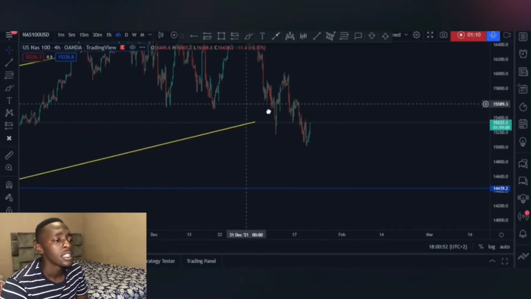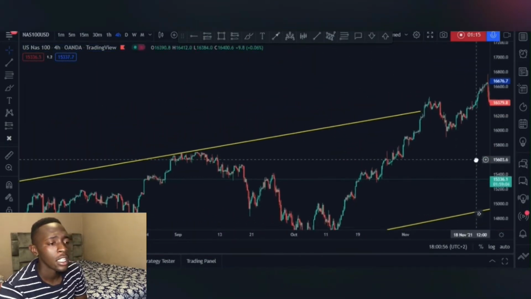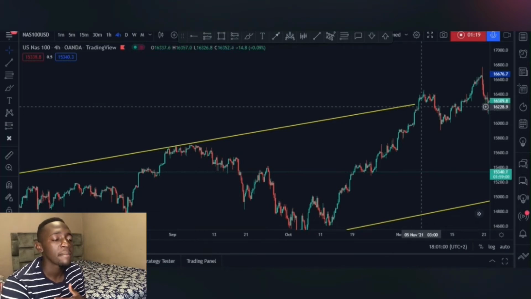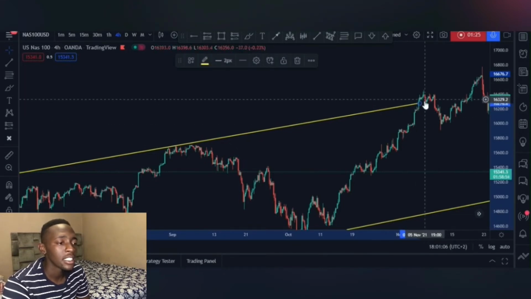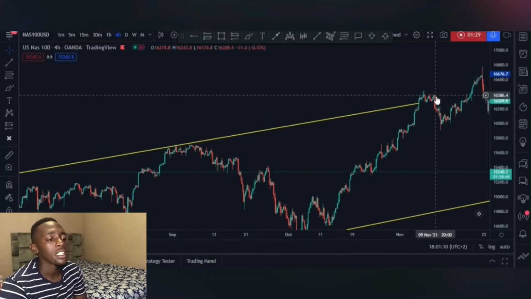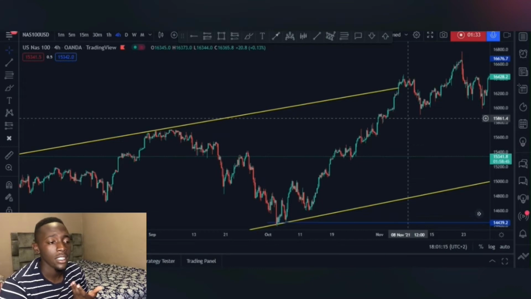Looking at the current market structure, in my head I already know that I'm waiting for price to give me a reason to fall once it touches the top of the structure. As you can see, this is when we touched the top of the structure. From this point I was waiting for some sell entries or sell setups.